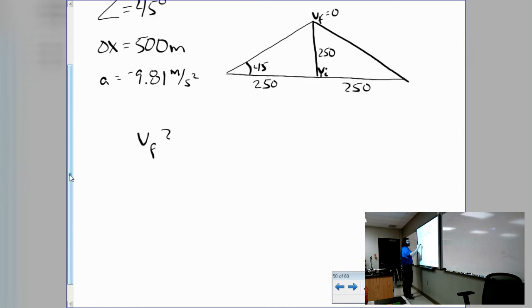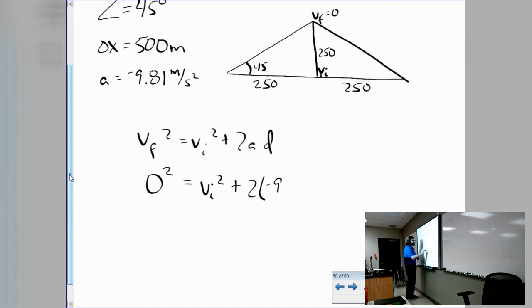Velocity final squared equals velocity initial squared plus 2ad. That's going to allow us to solve for the initial velocity. Velocity final, 0 squared equals velocity initial squared, which we don't know, plus 2 times negative 9.81 times d, which is our distance, and that's 250.